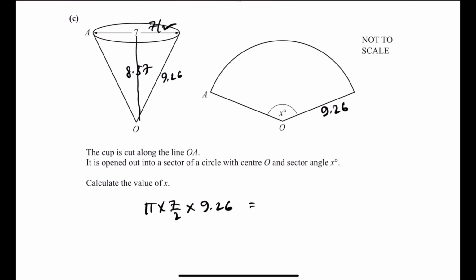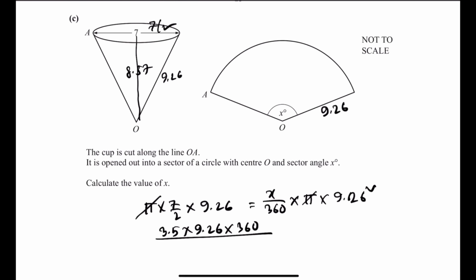Area of this sector is x by 360 into pi r square, 9.26 square. Pi is cancelled. 3.5 into 9.26 into 360 divided by 9.26 square equals to x.